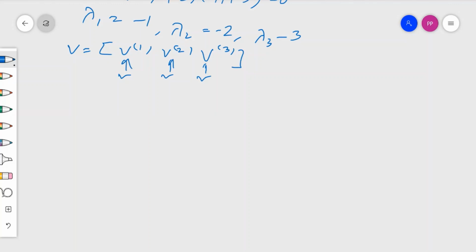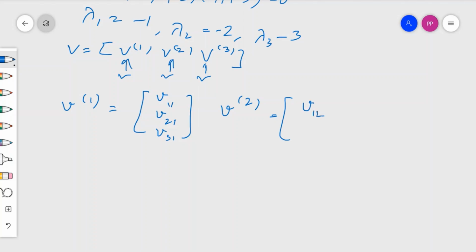First let us write it very clearly that V1 is the column vector V11, V21 and V31, then V2 is V12, V22, because the column is fixed and rows are changing, so we have V32, then we have vector V3, so we have V13, V23 and V33.